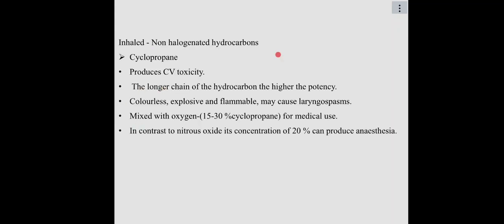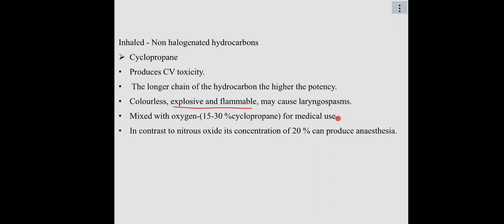Inhaled non-halogenated hydrocarbons, we're just mentioning them. Cyclopropane produces cardiovascular toxicity. The longer the chain of the hydrocarbon, the higher the potency. It is colorless, explosive and flammable, and may cause laryngospasm. So you can see it has a lot of negatives, and no wonder we don't use much of it. It should be mixed with oxygen, 15 to 30% cyclopropane for medical use.